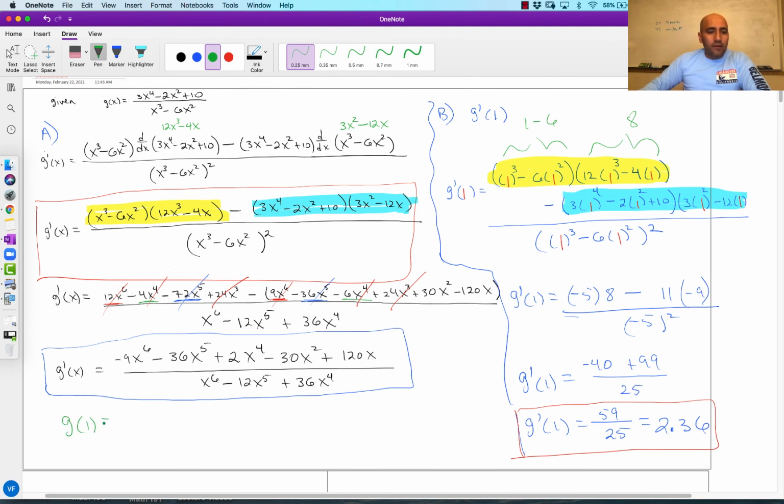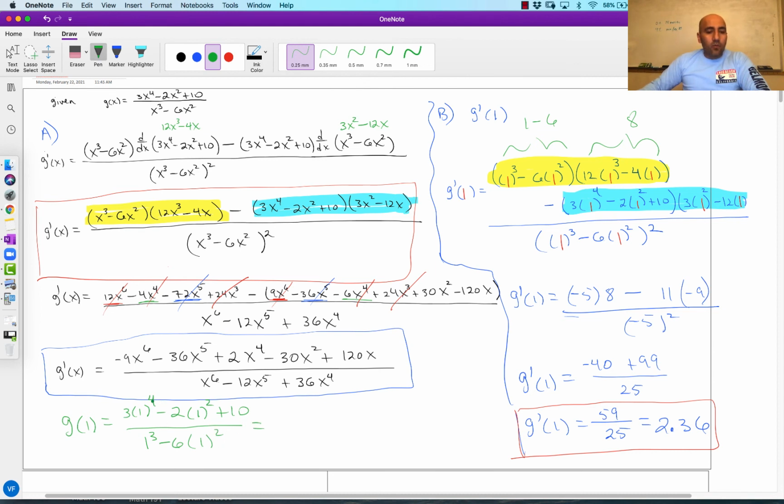G of 1 is equal to 3 times 1 to the 4th power minus 2 times 1 to the 2nd power plus 10 divided by 1 to the 3rd power minus 6 times 1 squared.